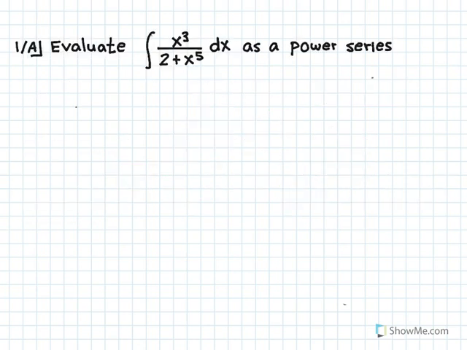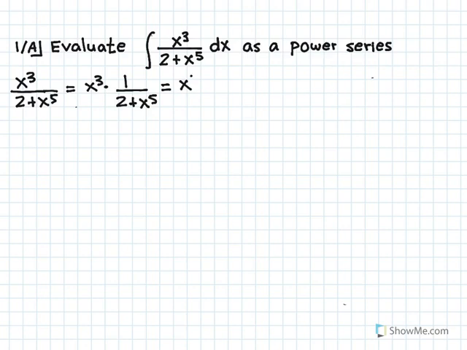Let's look at question 1a first. Let's first rewrite the integrand x cubed divided by 2 plus x to the power of 5. Let's rewrite this as x cubed times 1 divided by 2 plus x to the power of 5. Now let's factor out 2 from the denominator so we can get the pattern of a sum of a geometric series.